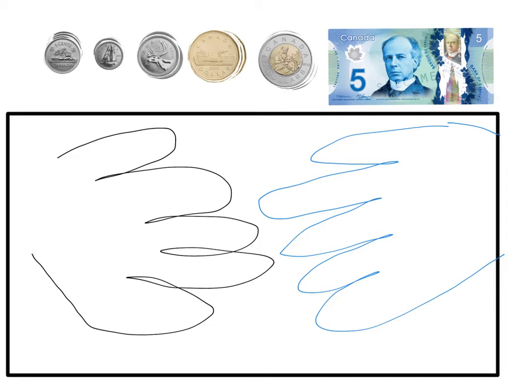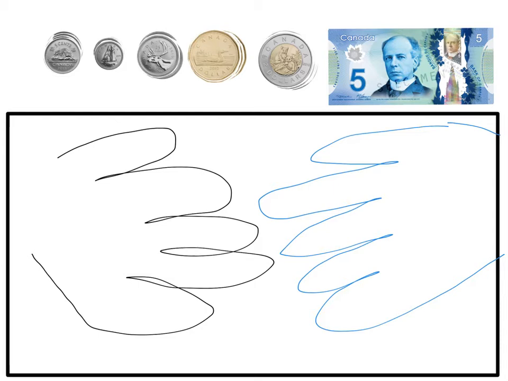The idea is, in each hand, I'm going to put the same amount of money so that you can see that if you were going to trade with a friend, you could trade whatever is being held in the left hand for whatever is being held in the right hand. Okay? I hope that things will be clear here.